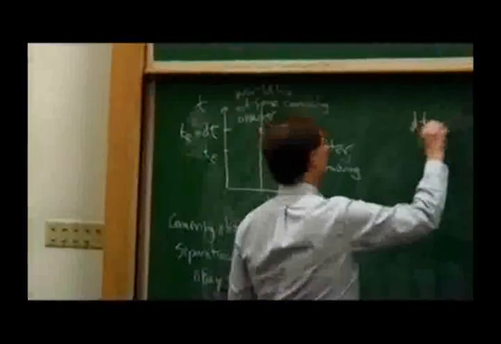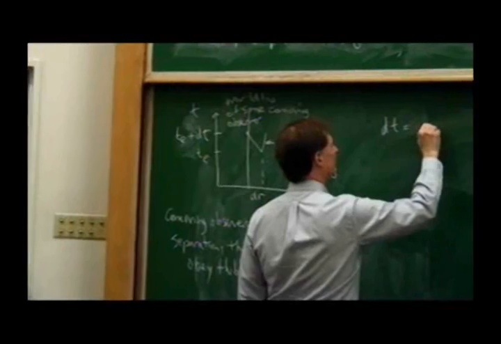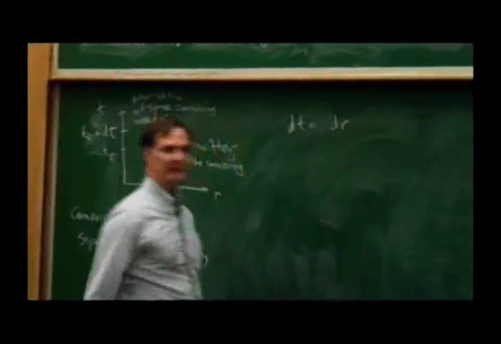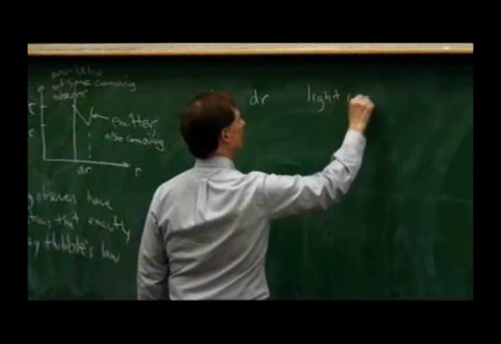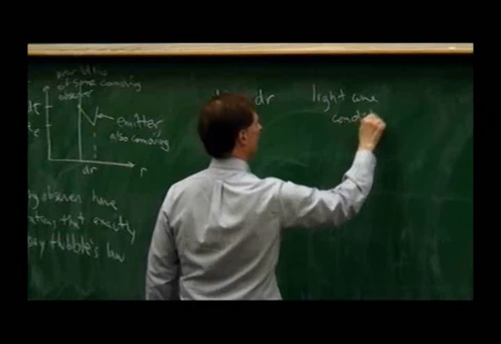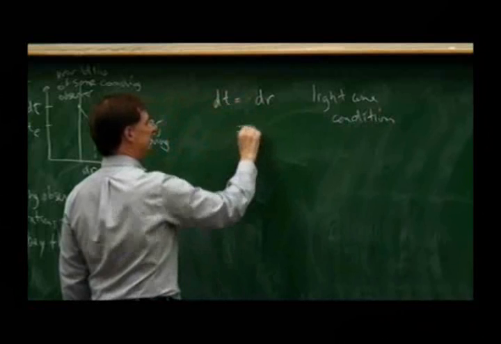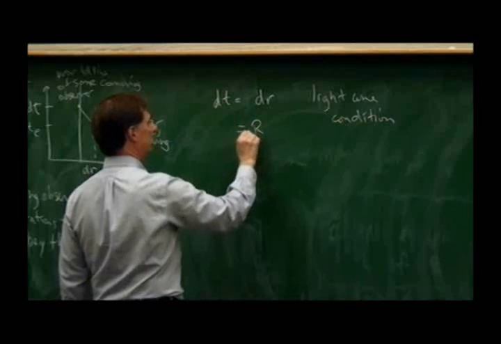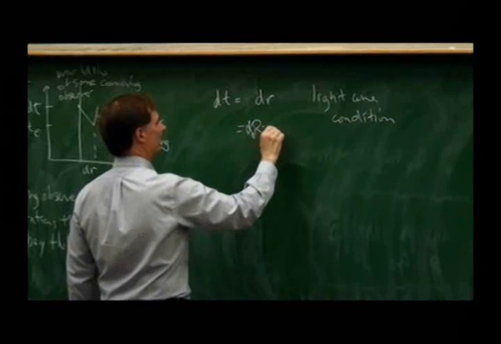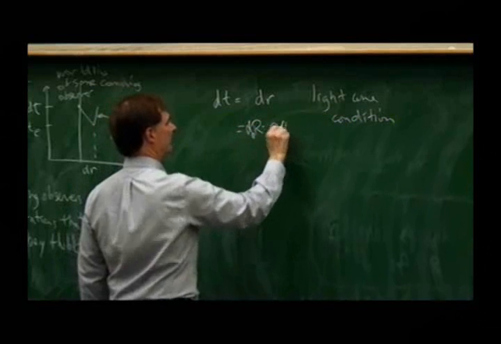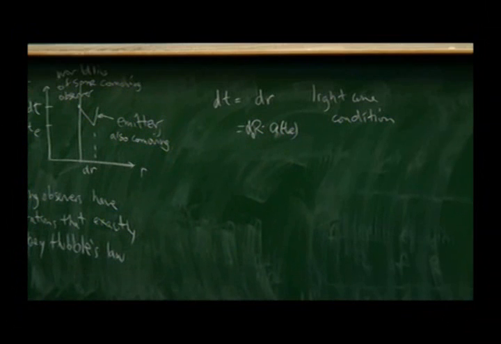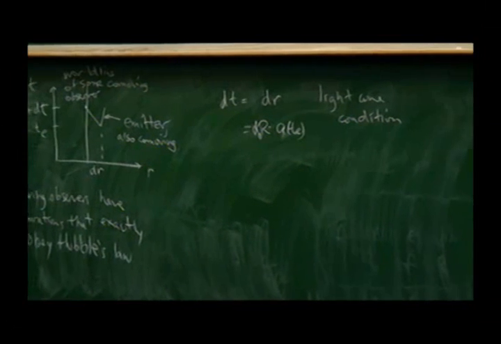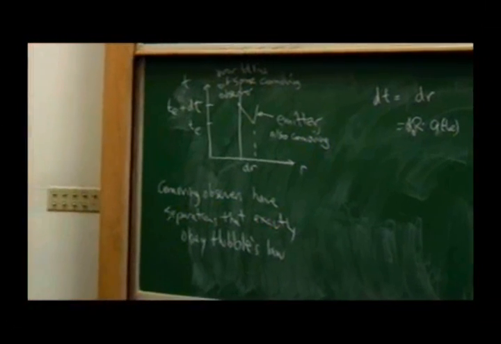So dt is dr. That's the light cone condition. And dr, I'm going to write as dr0 times a of t sub e. Why is that? Remember, r is r0, this so-called co-moving distance, which is fixed for each observer.